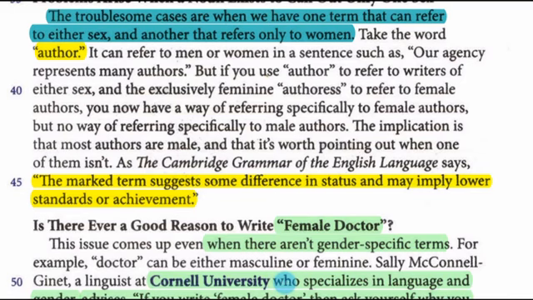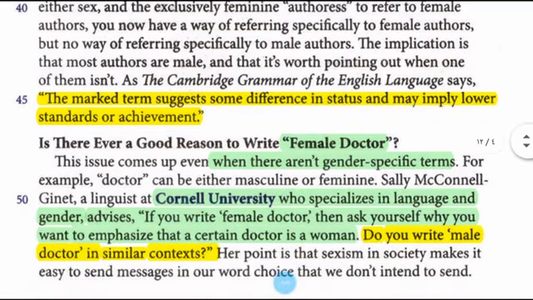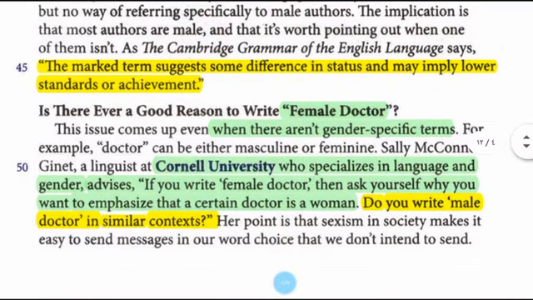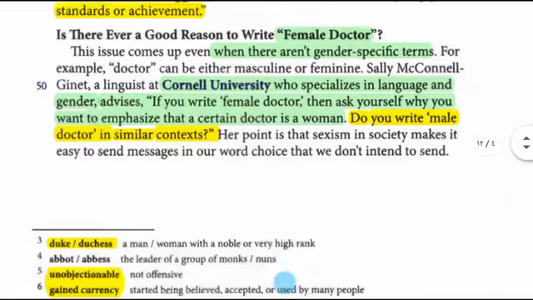So here it refers to de-evaluation. When we say, for example, we have 10 authors and 1 authoress, here is a kind of de-evaluation. The same thing when we write, for example, female doctor. Here is a kind of de-evaluation, and we are not going to do the same thing when we talk about male. We are not going to say male doctor, but we say doctor. So we can use this word as a neutral noun for both male and female.